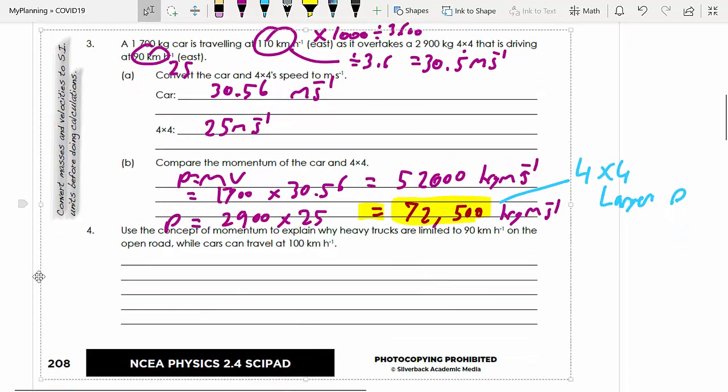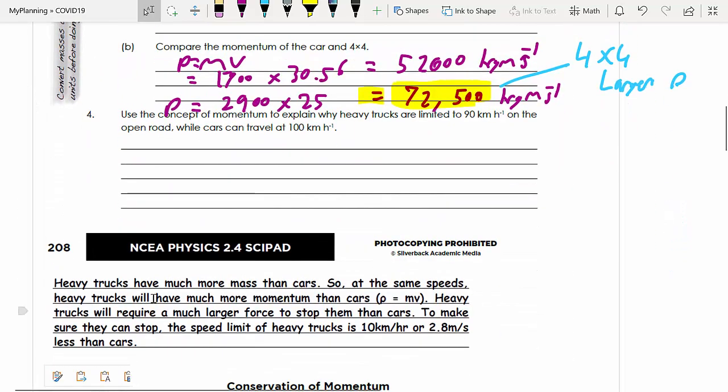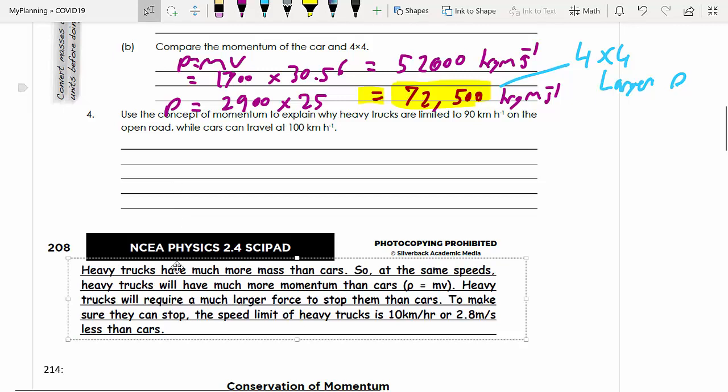And so basically, the larger things are, the more momentum they have. If we look at what their answers say, they say heavy trucks have much more mass than cars, and so at the same speeds, heavy trucks will have much more momentum. Heavy trucks will require a much larger force to stop them than cars, and so a 10 kilometer per hour difference isn't really going to make a significant difference.